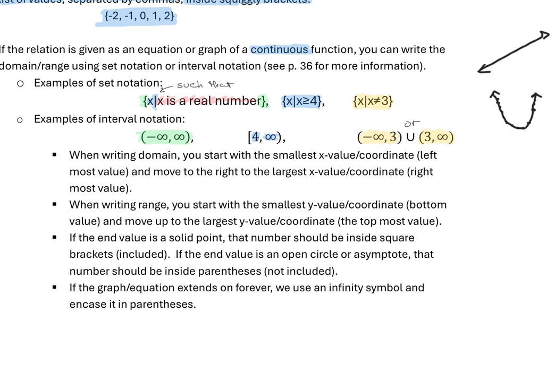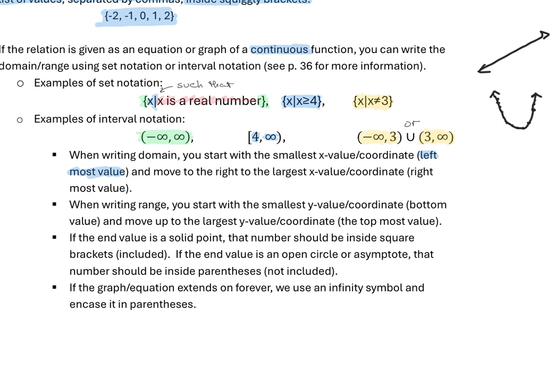When writing domain, we want to start with the smallest x value or x coordinate. This is the leftmost value for our domain.